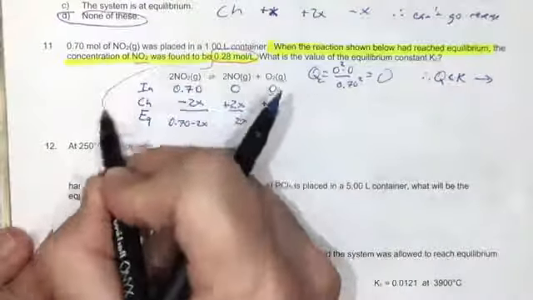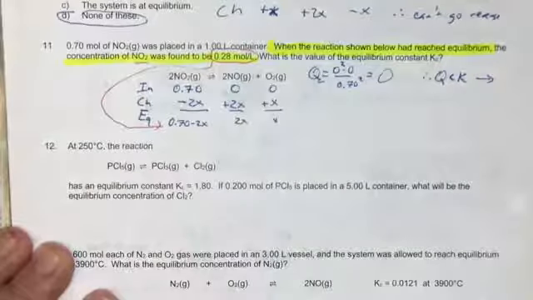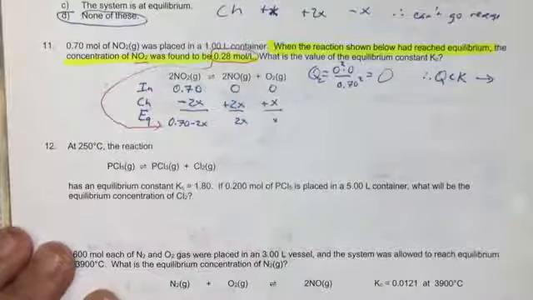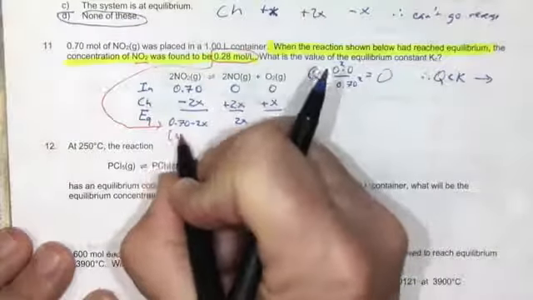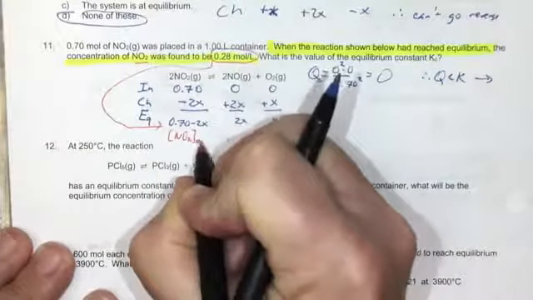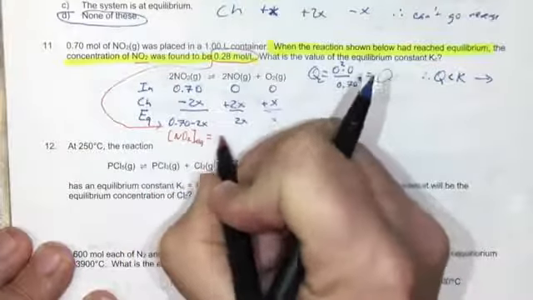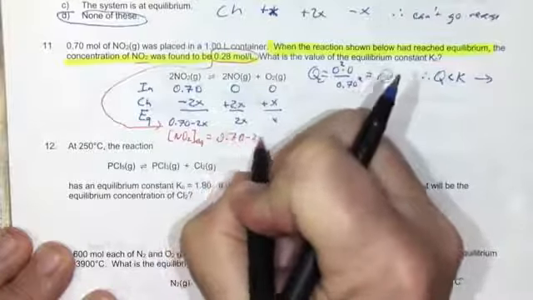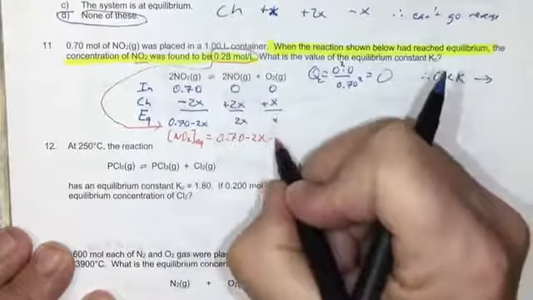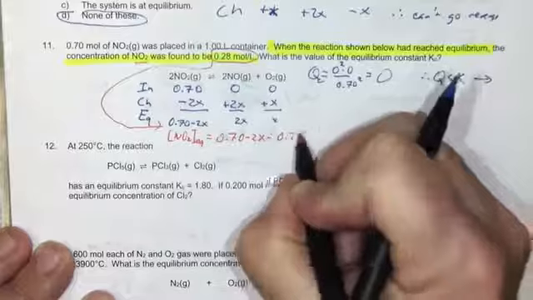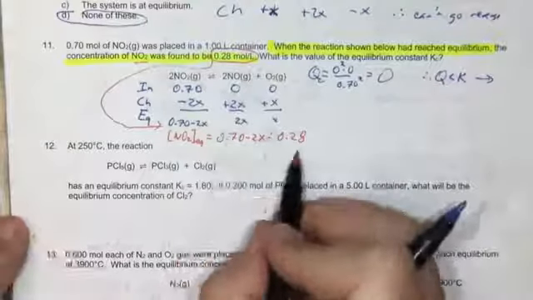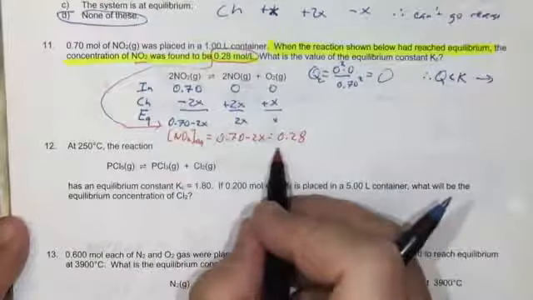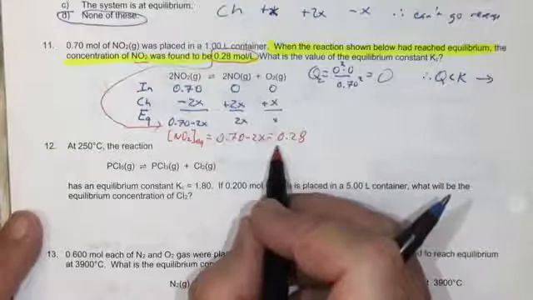This 0.28 is the same as 0.7 minus 2x. That's the concentration at equilibrium. So let's just jot this down. The concentration of NO2 at equilibrium, from the EQ line, has to be 0.7 minus 2x, but we're given that the concentration at equilibrium is 0.28. So this is one equation with one unknown. We can solve for x.